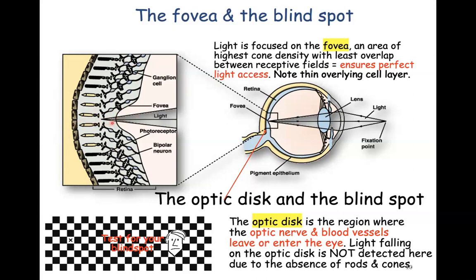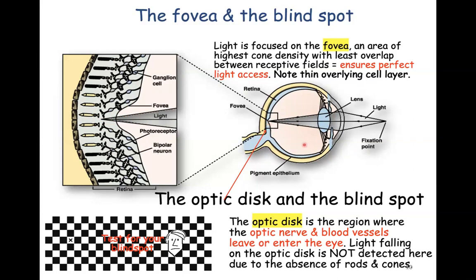This is because this is where light has to penetrate the fewest layers possible, and it ensures perfect light access to the rods and cones, the cones present at that area. Imagine all the light that's entering the eye being focused onto the fovea. It's very important for the fovea to be able to grab in as much of the light as possible. So as you can imagine, the layers here are very minimal to allow this to happen.